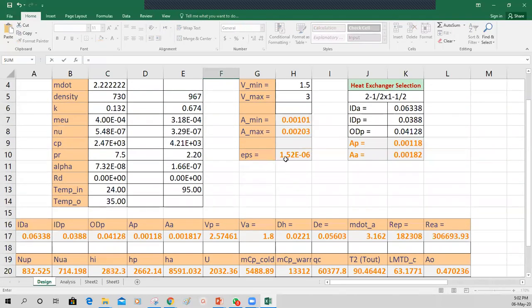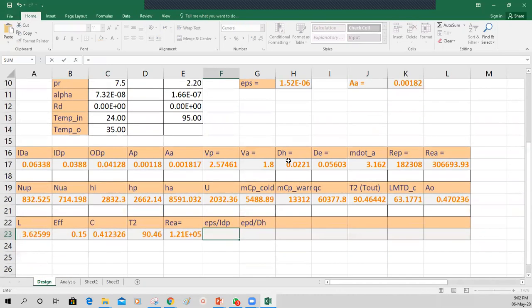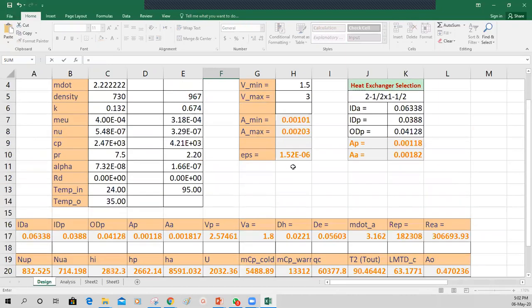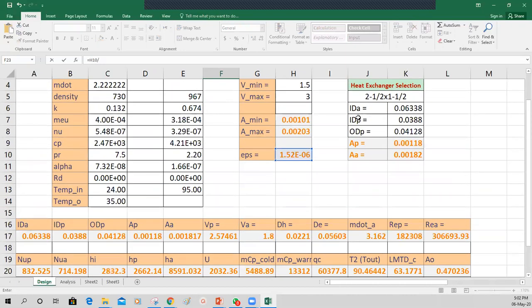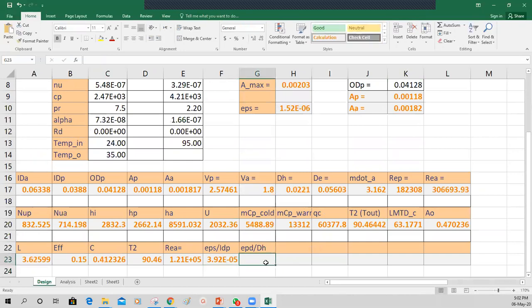The epsilon for copper is 1.52 times 10 to the power minus 6, very small. So this comes out to be epsilon divided by the IDP, and the IDP is this value. And here, this is epsilon divided by the hydraulic diameter, which is this. So these are the values.